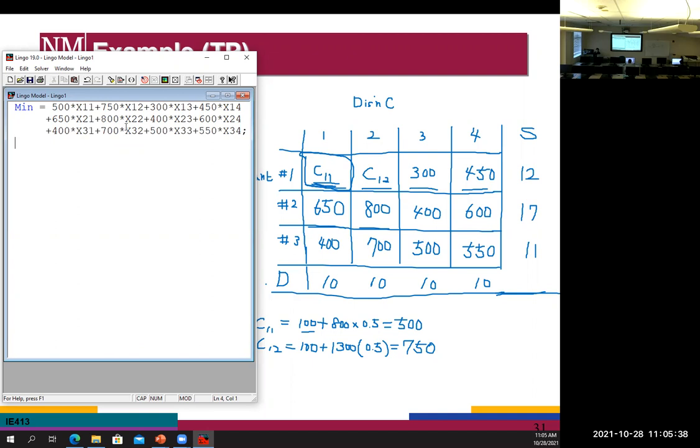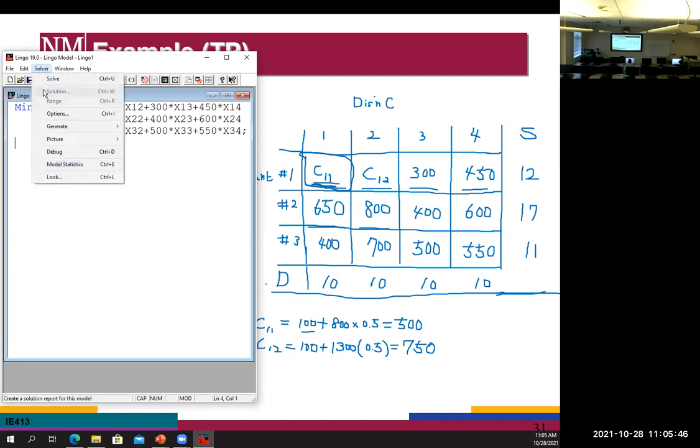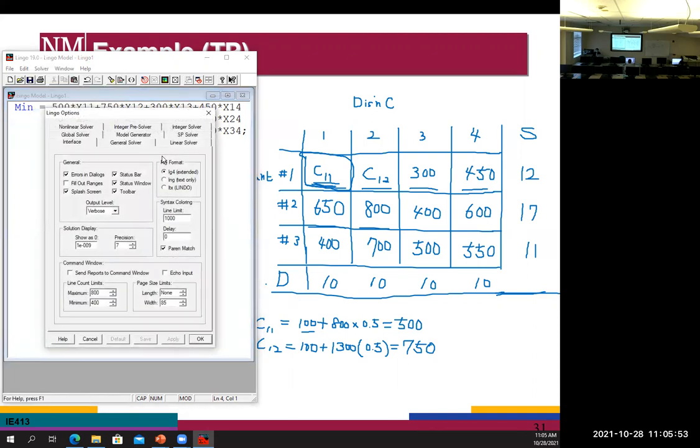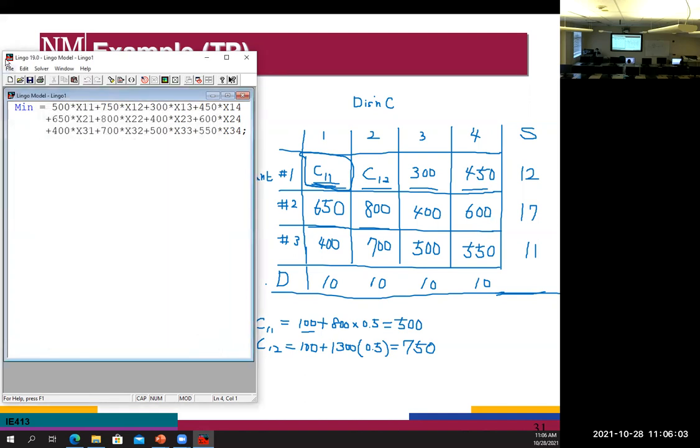You can also use Lingo if you want, but I'm using the Lingo format. Remember, if you want to use Lingo, you need to go to options, and you can choose window.